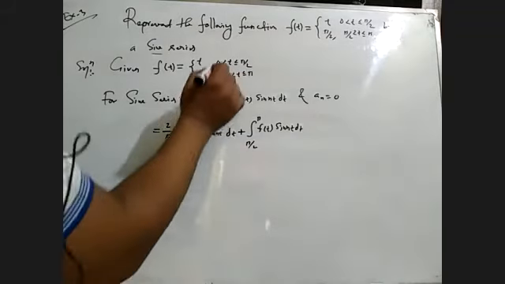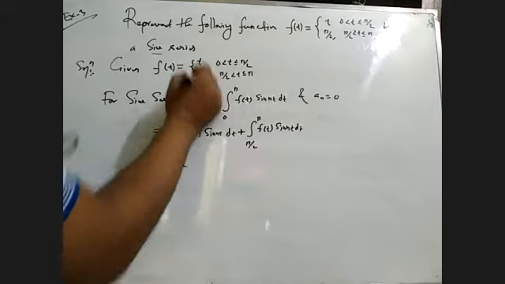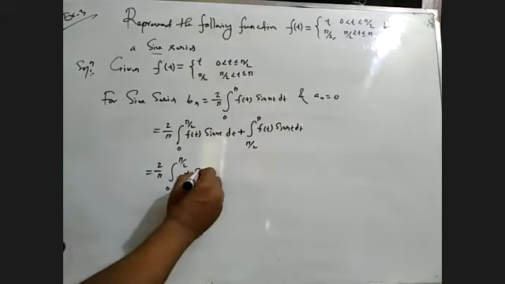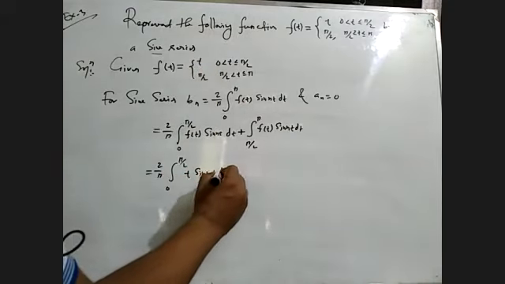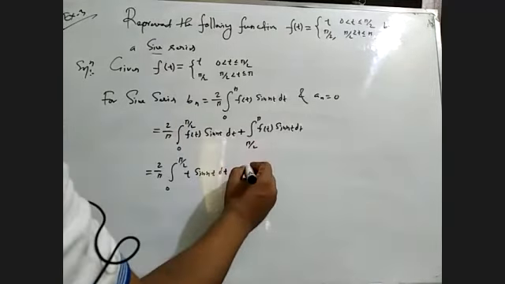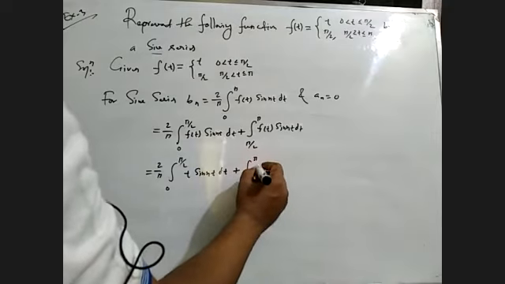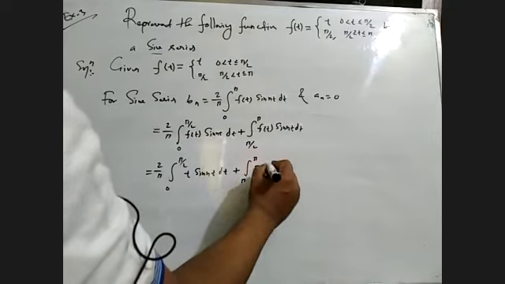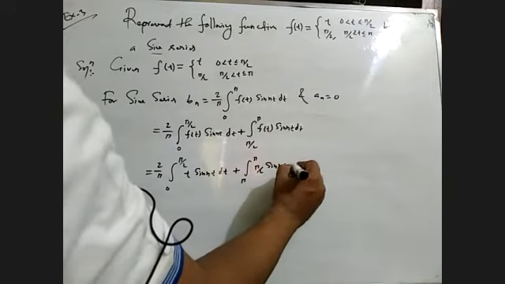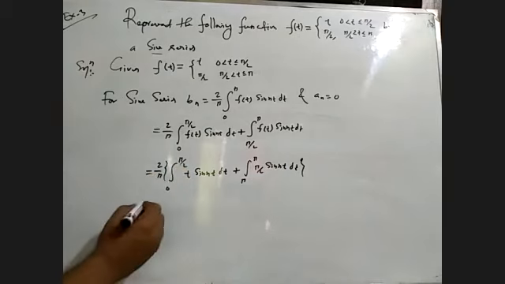So between 0 to pi by 2, f of t equals only t, sin nt dt, plus between pi by 2 to pi, f of t equals only pi by 2, sin nt dt.